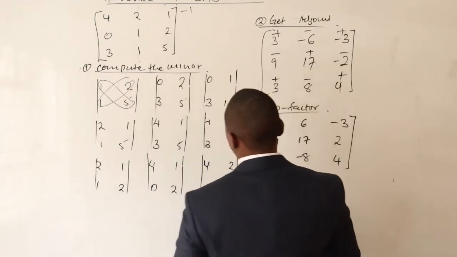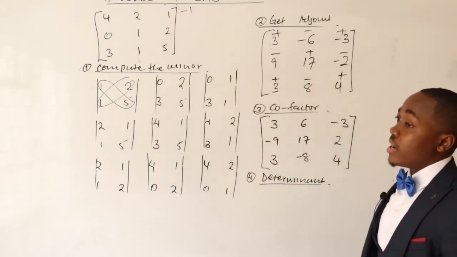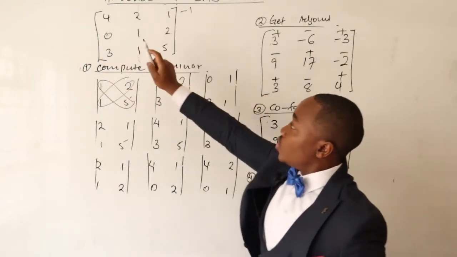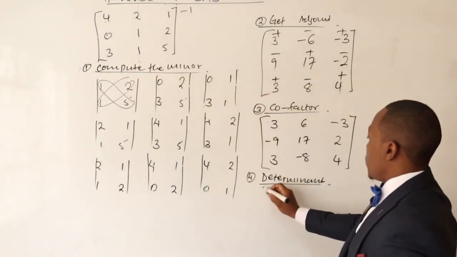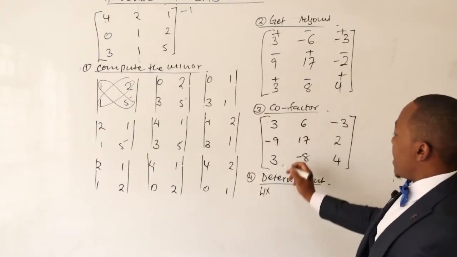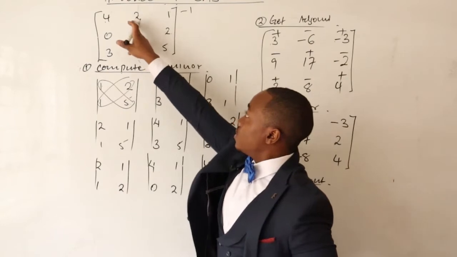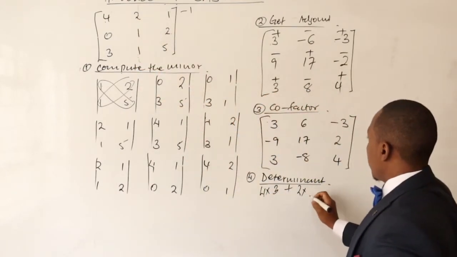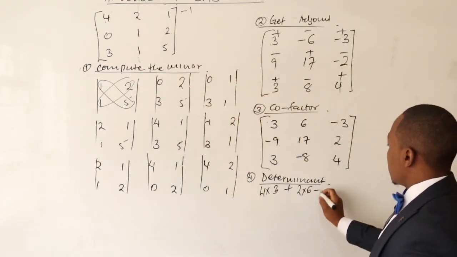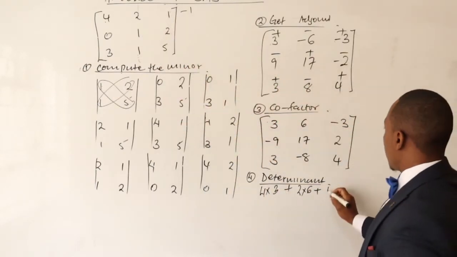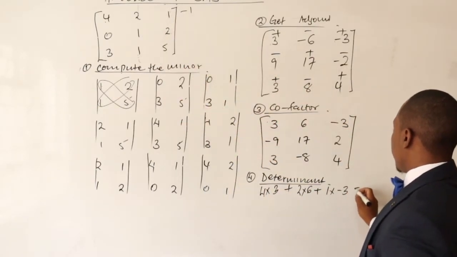So that means, for example, let's go back to the original matrix. Under the original matrix, I want to use the first row. So you take 4, you multiply by 3, plus, here we had 2, you multiply by 6, plus the last element of the first row was 1. You multiply by negative 3.